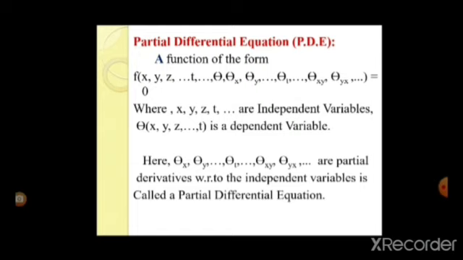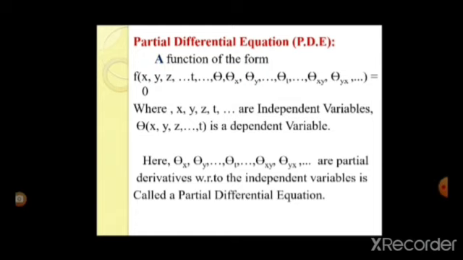According to our prescribed textbook, what is a partial differential equation? A function of the form, as I said earlier, whatever function we have considered, is of the form f of x, y, z and so on t, theta, theta x, theta y and so on, theta t and so on, theta xy, theta yx and so on equal to 0.